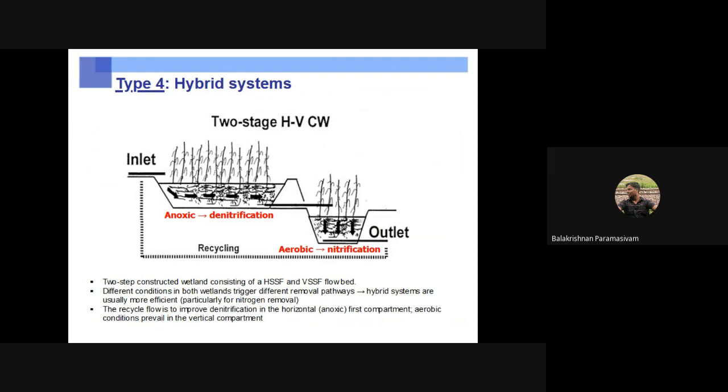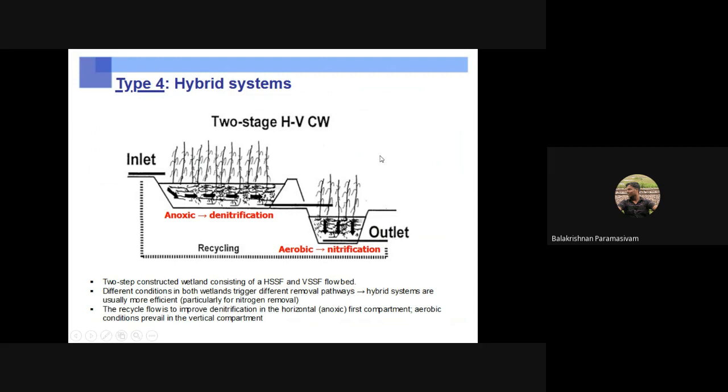That means the gray water from the hostel, other than toilet flushing, so bathing and washing water, will be treated by the constructed wetland. In IIT, it is a combination of both horizontal as well as vertical constructed wetland. So it's a hybrid system. That treated water again will be used for toilet flushing.